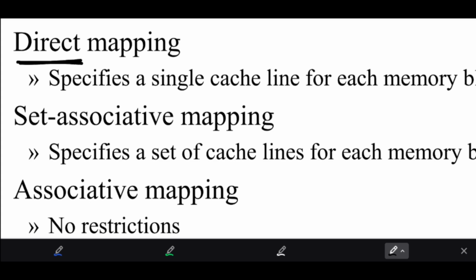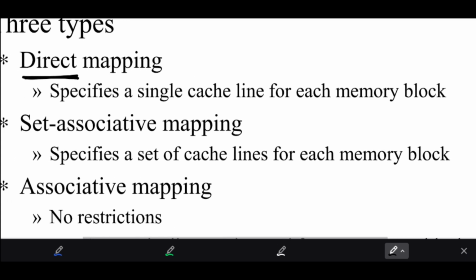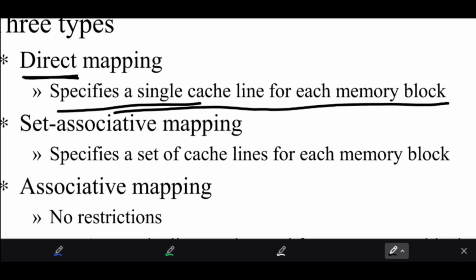Okay, then what is direct mapping? Here some data is already given. It specifies a single cache line for each memory block. What do you mean by that? That there is a specific cache line for some memory locations, some memory blocks.